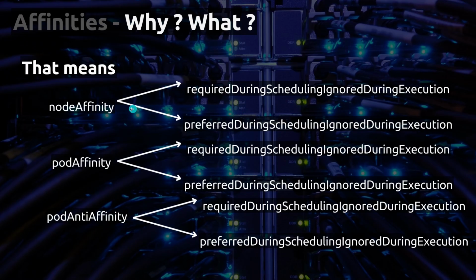But if these rules are changed after the scheduling, for example on the node side, we can imagine a node with a label and our pods already deployed. If we remove the label and the affinity is based on this label, nothing will change.